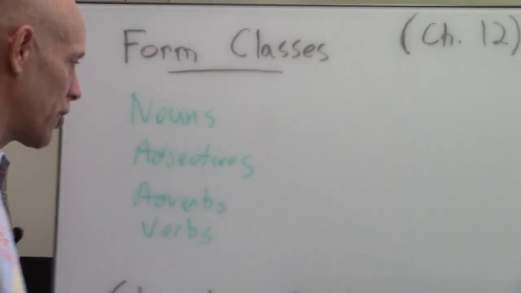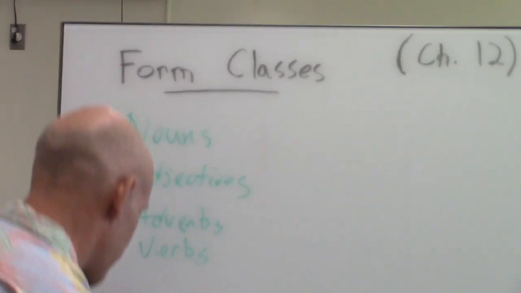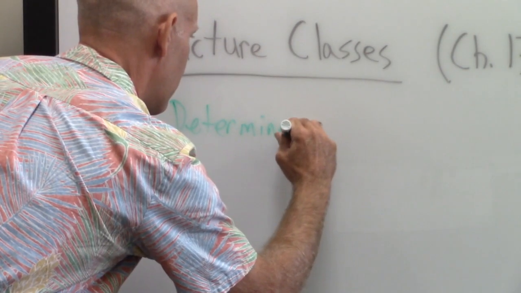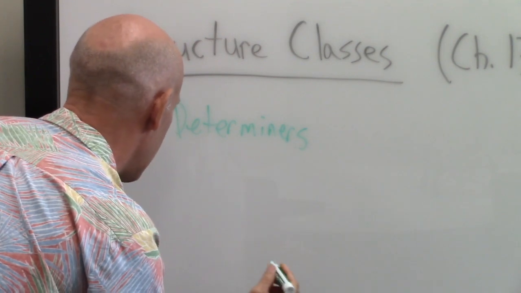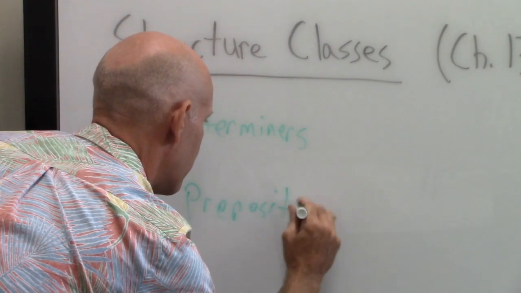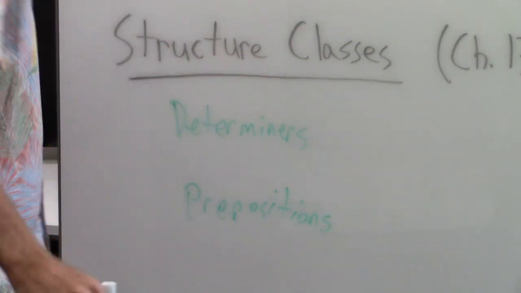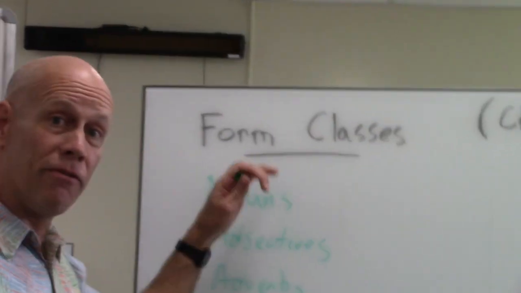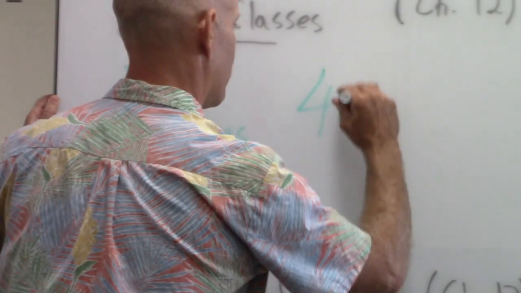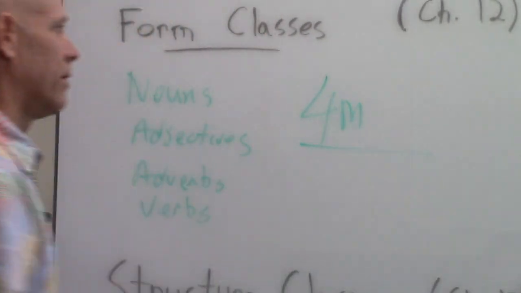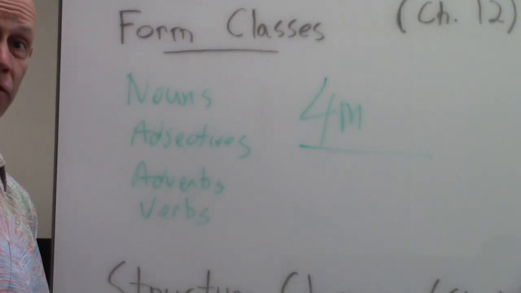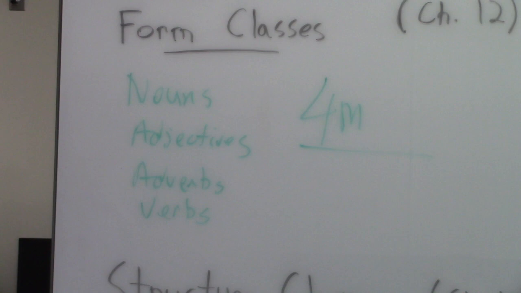The structure classes are numerous, but we're just going to think about a couple of them right now: your determiners and your prepositions. It's easy to remember that these are the form classes if you just write it like this. There are 4 of them: nouns, adjectives, adverbs, and verbs.